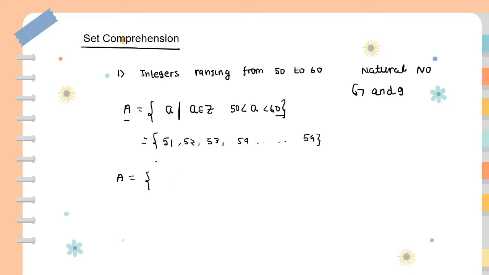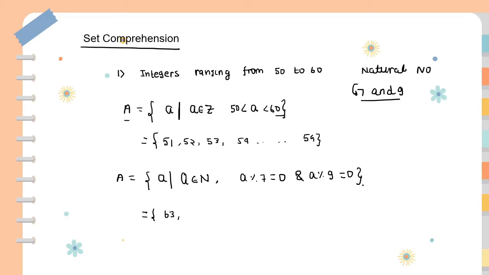Let the natural number be a, so we write a such that a belongs to the natural numbers, and it is divisible by both 7 and 9, so a modulo 7 is equal to 0 and a modulo 9 is equal to 0. We are not including 0 here. So first it will go to 63, because 9 times 7 gives 63, then its multiples.